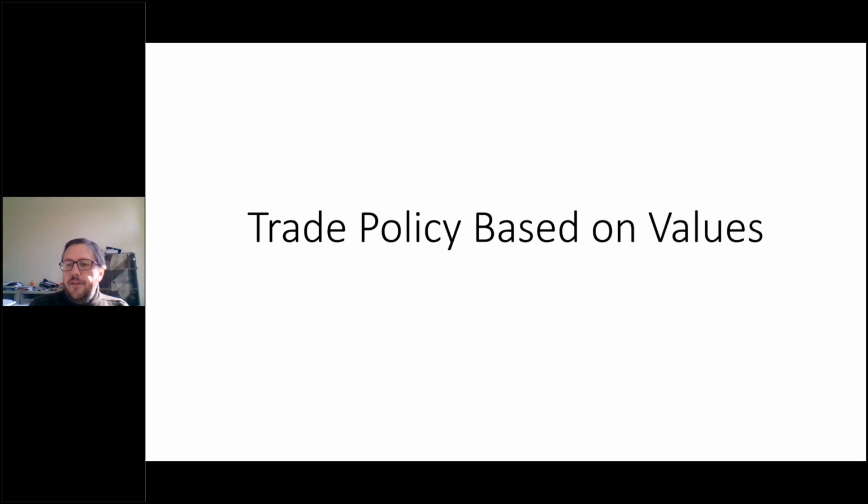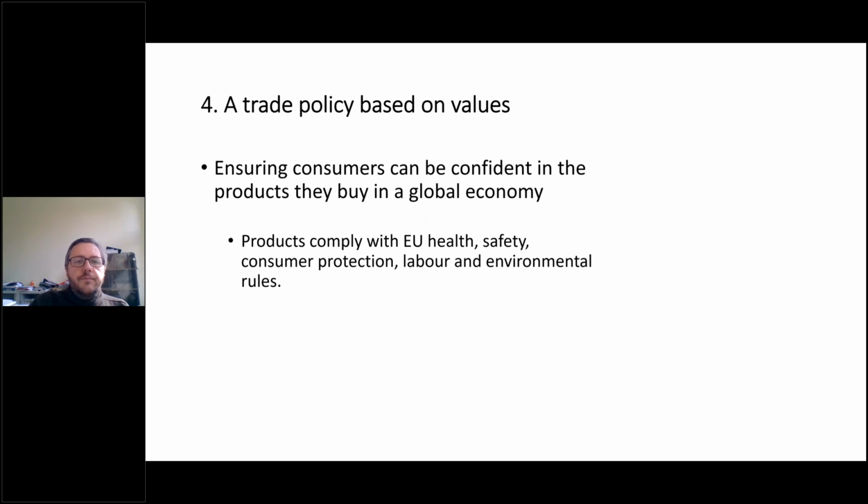The trade policy based on values consists of a few components as they are laid out in the document. First of all, ensuring that European consumers can be confident in the products they buy in a global economy.